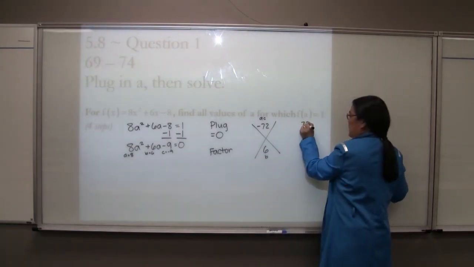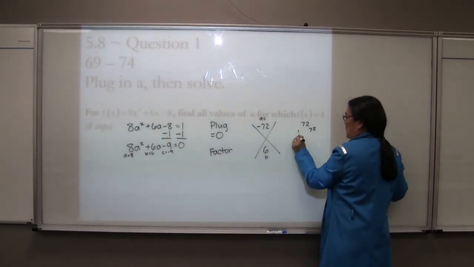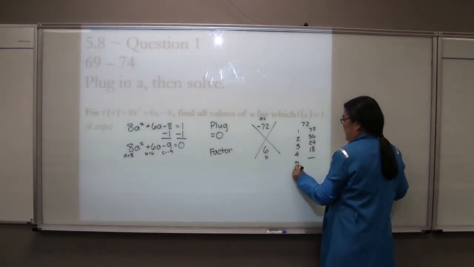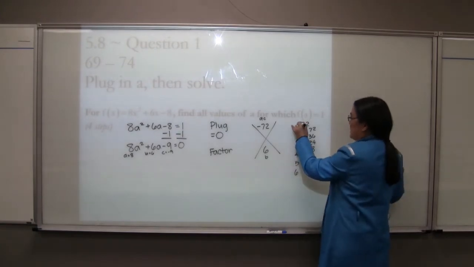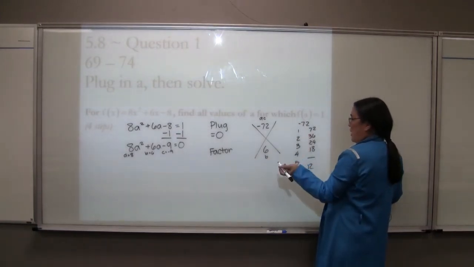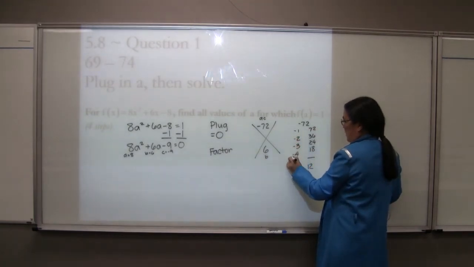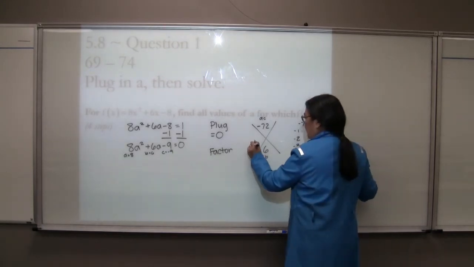Let's see, 72 could break up as 1 and 72, 2 and 36, 3 and 24, 4 and 18, 5 and nothing nice, 6 and 12. Because this is a -72, one of them will have to be negative. Because b is positive, it'll have to be the smaller one that's negative. So I'll have -6 and 12.